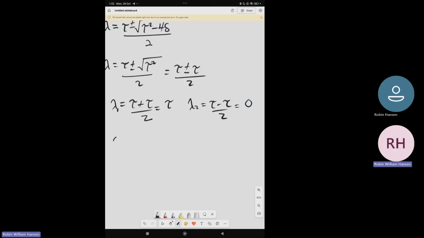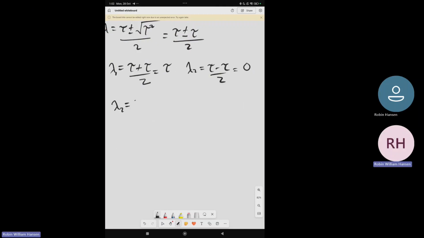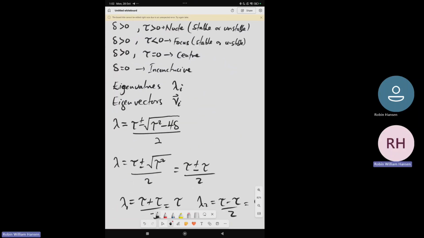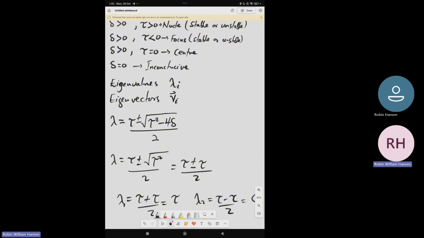Now, when the eigenvalue is 0 for linear systems, we cannot conclude. I cannot make any conclusion based on any eigenvalue equal to 0 for linear systems. That's why I said when your delta is equal to 0, we have an inconclusive analysis for linear systems.